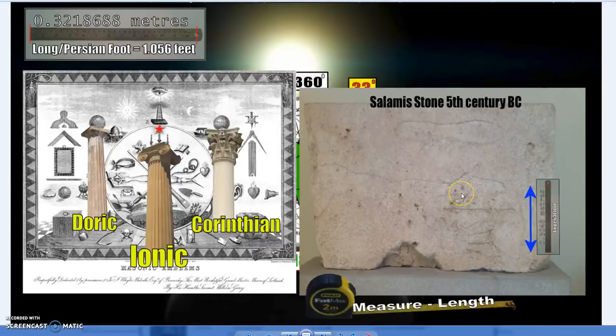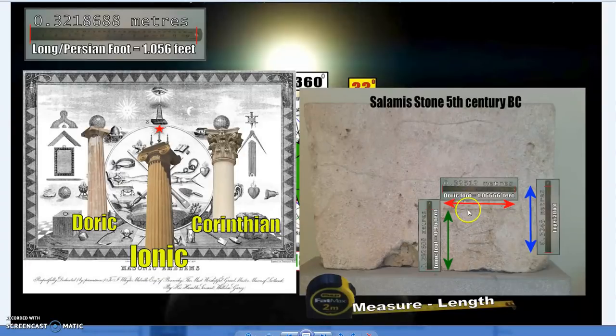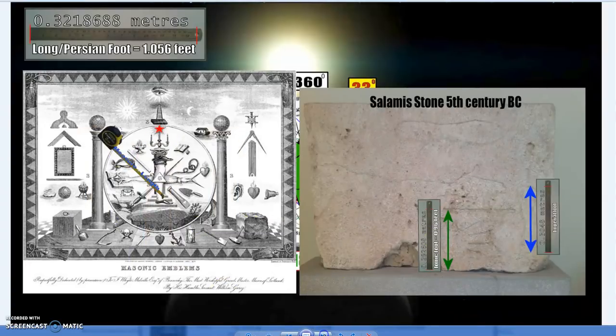For instance, the Parthenon columns are 48 feet high and form a harmony point between the Doric and Ionic, or Dorian and Ionian, which are also music scales. We see this ruler is 1 Doric foot, and from the Doric foot to the bottom of the stone equals 1 Ionic foot.